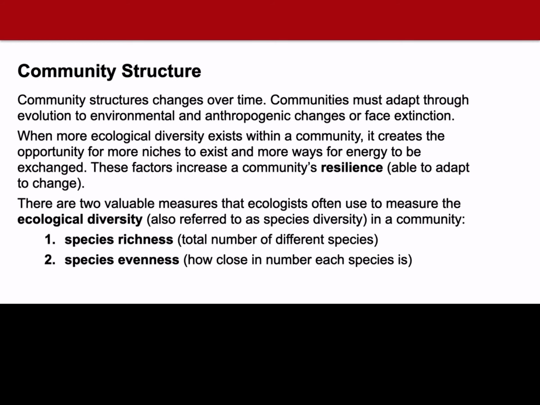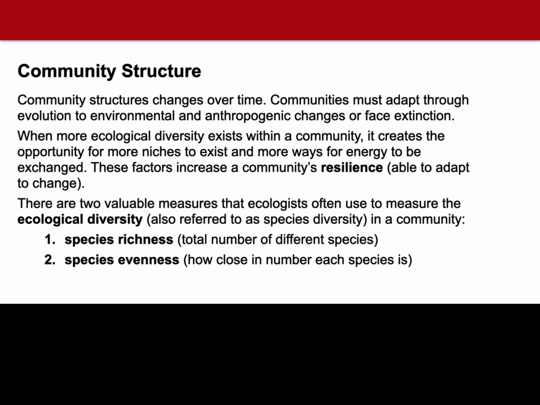The structure of a community always changes over time, and communities must adapt to environmental and anthropogenic changes in order to survive. Community structures that have high ecological diversity are better able to survive. When more ecological diversity exists within a community, it creates the opportunity for more niches to exist and more ways for energy to be transferred.